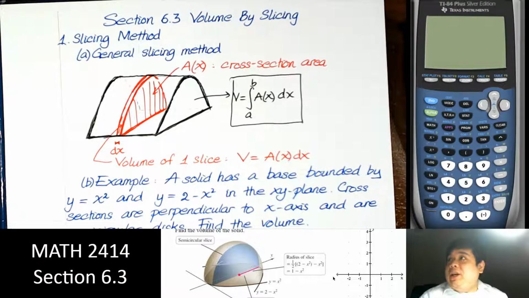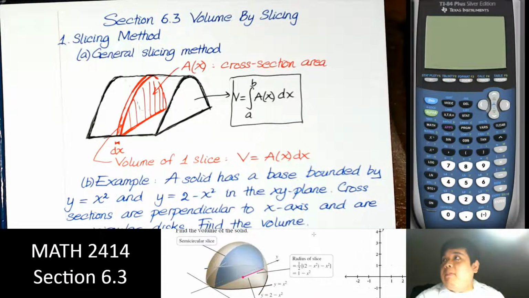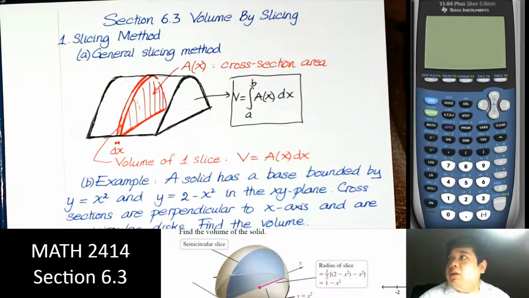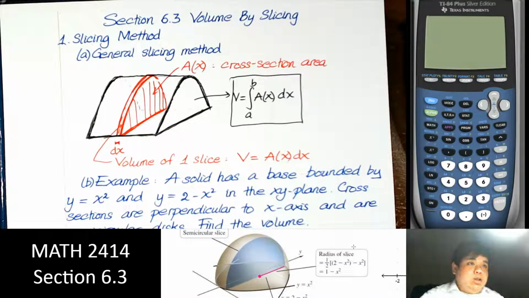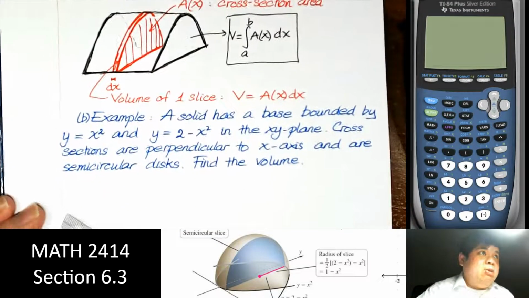Right. So this is a three-dimensional problem. So we have to turn the x-axis sideways. So on this graph, the x-axis is here and the y-axis is there. I'm not sure if I can draw this well enough here, but I will try it.